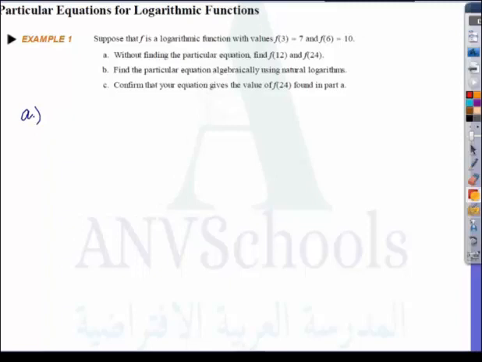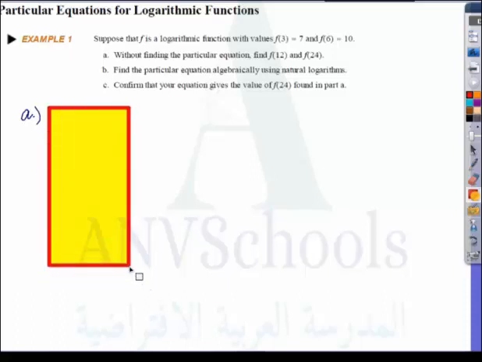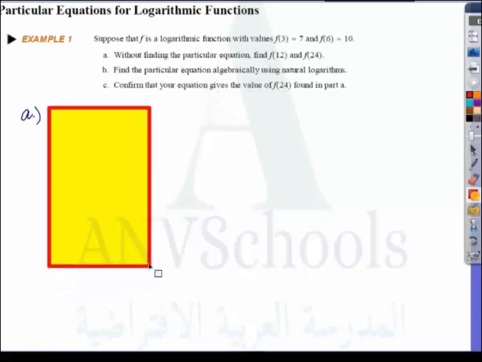So what excites us here is that without even finding the particular equation for this logarithmic function, we can still find f of 12 and f of 24.